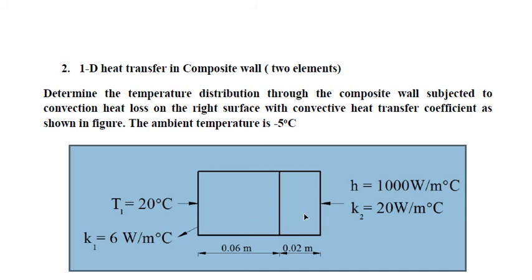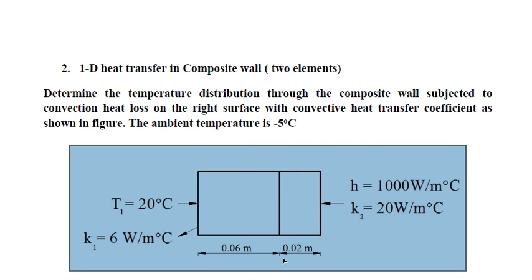So the two walls are made of different materials, which is given by its own conductivity. The conductivity of wall 1 is 6 watt per meter degree centigrade. At the same time, the conductivity of wall 2 is K2, that is 20 watt per meter degree centigrade.